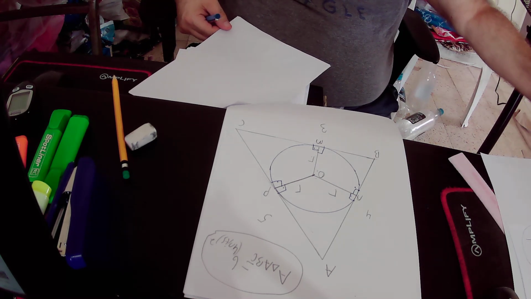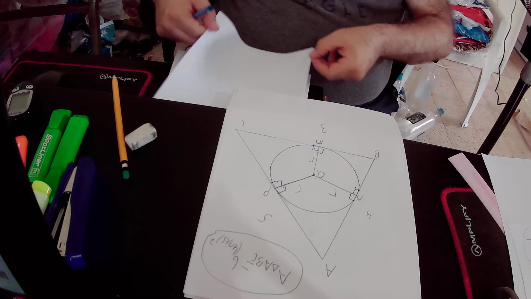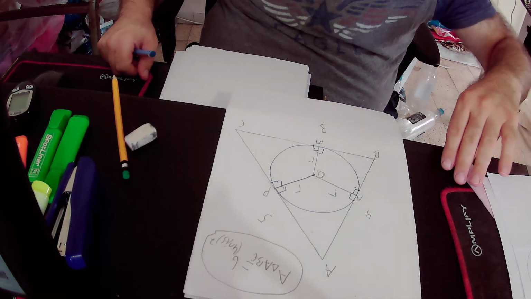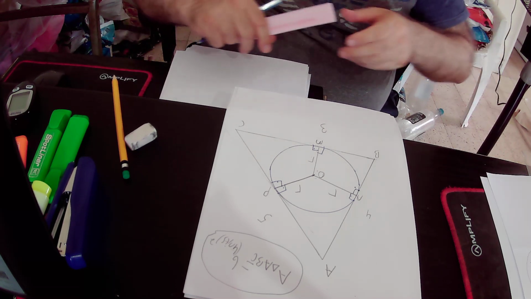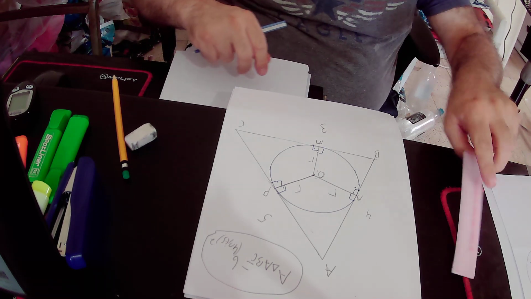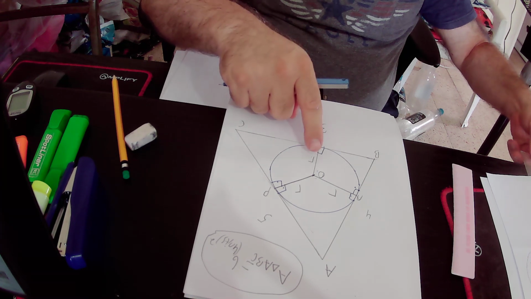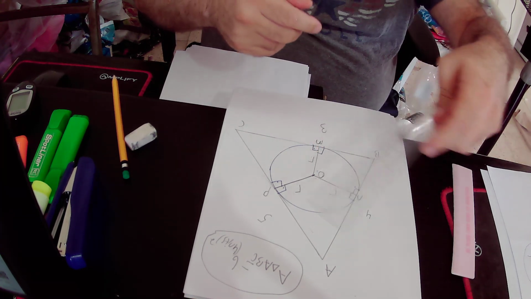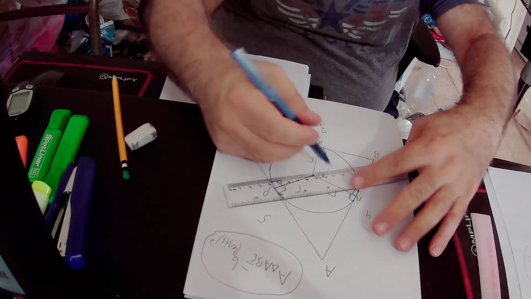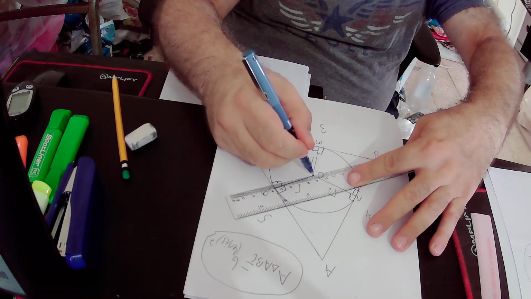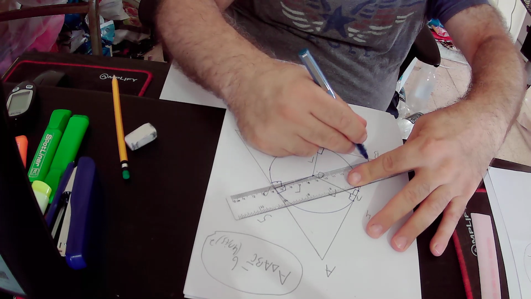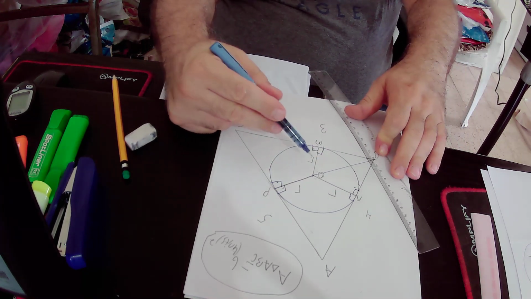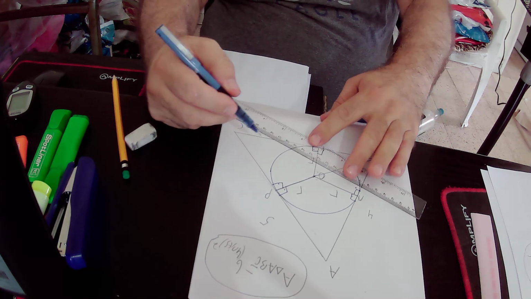in the next step we will connect together by a straight line points O and B. And we will also connect together points O and C by a straight line.